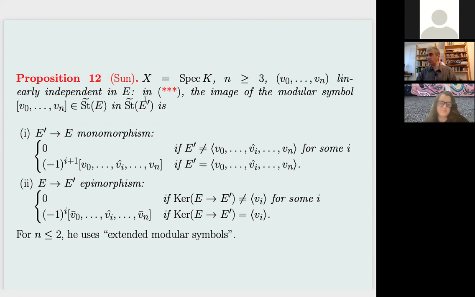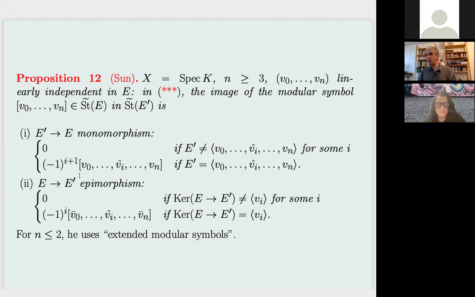So remember that E prime maps to E by the Quillen construction. So if this map is a monomorphism, the image is 0 if E prime is not of the form the subspace generated by all vectors except for 1. And in the latter case, if E prime is generated by all Vj's except Vi, then it is the corresponding symbol with a certain sign.